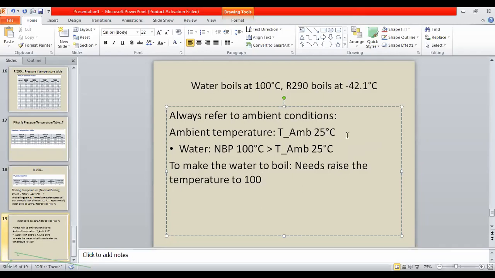That's the point. So when you raise the temperature to 100 degrees Celsius, the water boils. Oh, at 100 degrees Celsius, water boils.